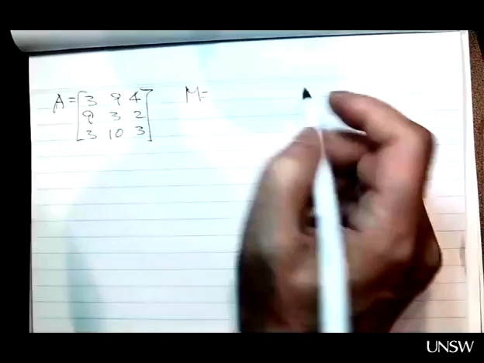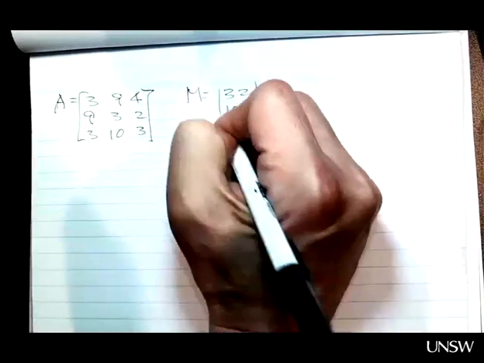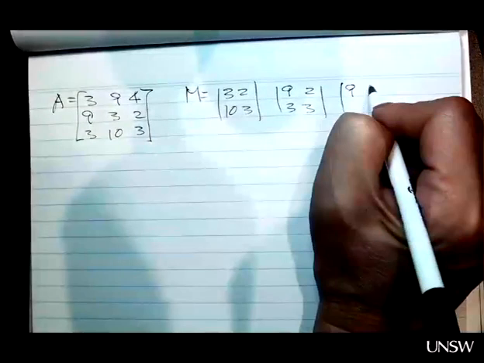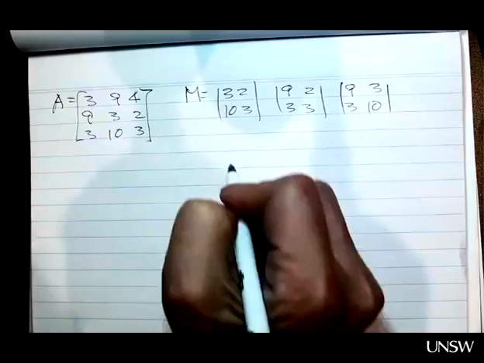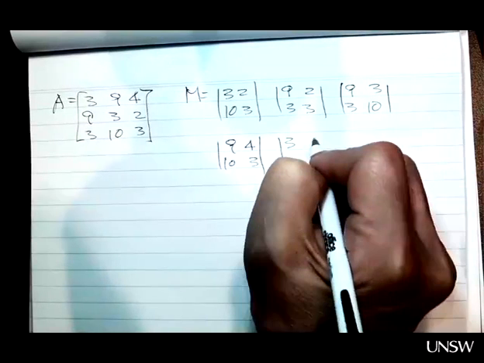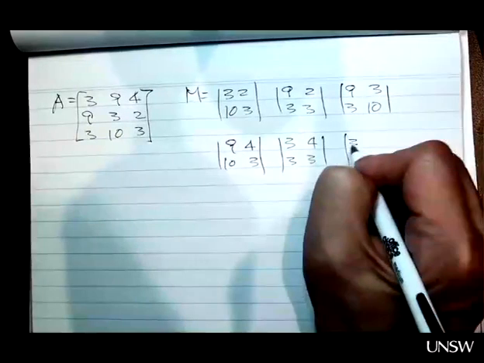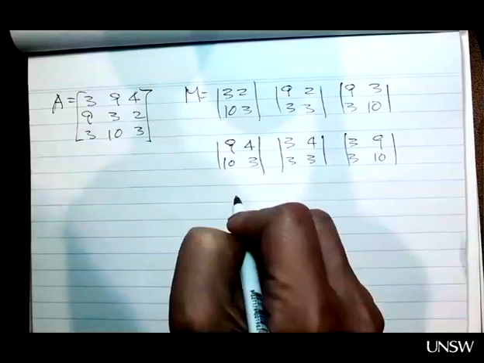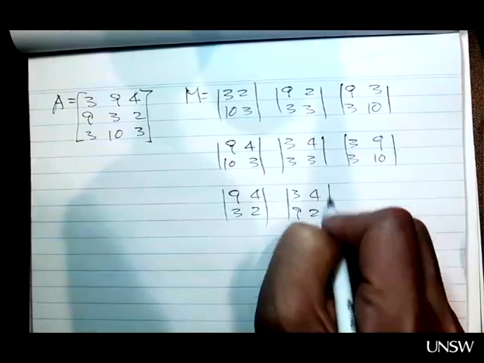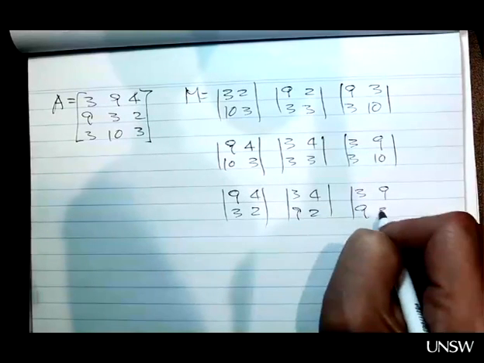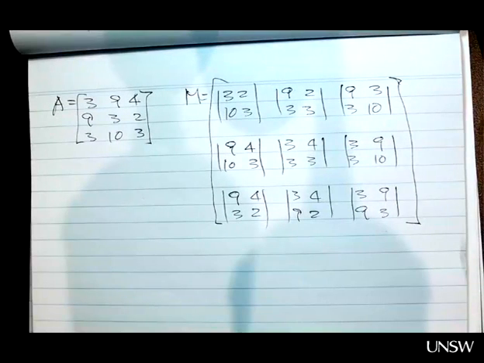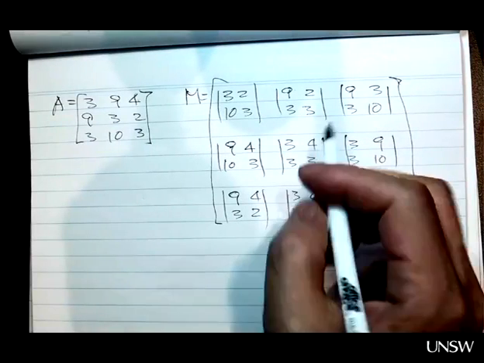The minor is the determinant of 3, 2, 10, 3, and then the determinant of 9, 2, 2, 3, and then we have 9, 4, 10, 3. Okay, a little bit complicated, right?